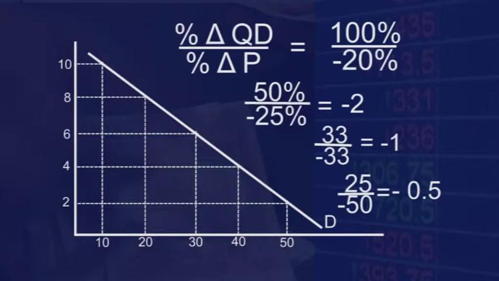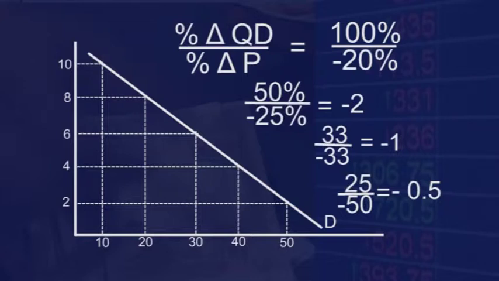For a lower price, we would say that demand is inelastic. The proportionate change in quantity demanded is less than the proportionate change in price. So if the absolute value of the number, ignoring the sign, is greater than 1, demand is elastic.